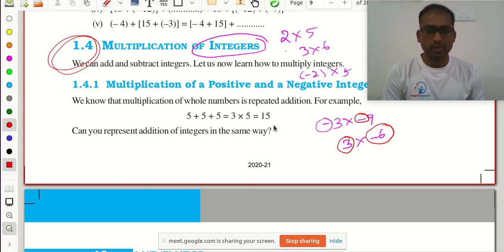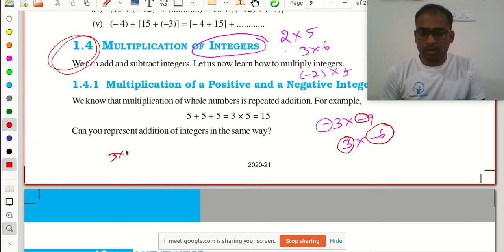Okay. So see here. Now we need to understand what a multiplication is. Suppose I have here 3 into 5 is 15. What is its actual meaning?